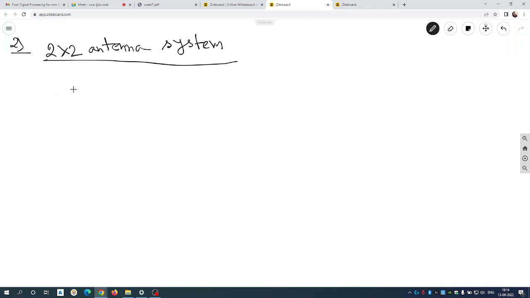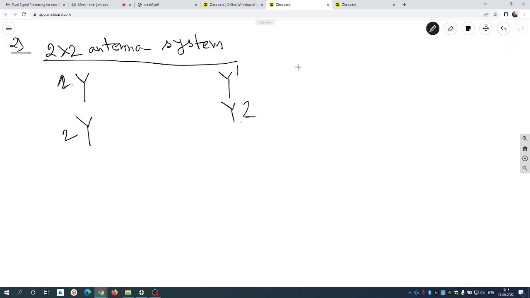If it is a 2 cross 2 antenna system, there are two transmitter side antennas, this is the first one, this the second one, and the first receiver antenna, second receiver antenna.